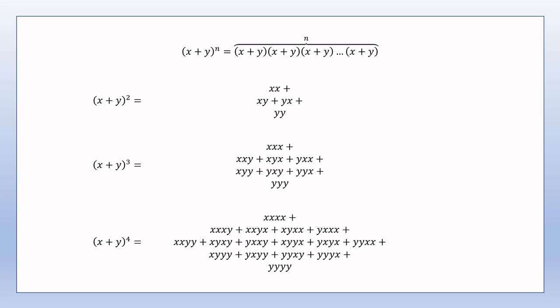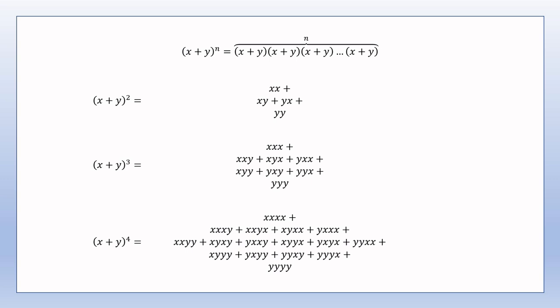Meaning, in the case of (x + y)^2, we have sums of strings of symbols, x and y, of length 2, accounting for each possible combination and with no duplications. In the case of (x + y)^3, we have sums of strings of x's and y's of length 3, again accounting for each possible combination and again with no duplications.